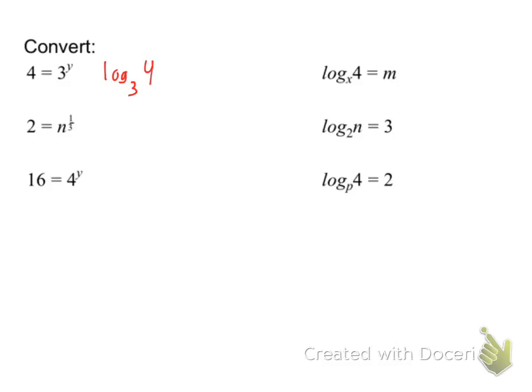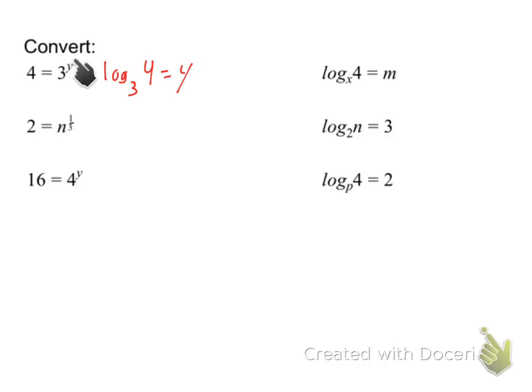So log base 3 of 4 is equal to the exponent y. Log base 3 of 4 is equal to y. It's a little different way of thinking. Log base 3, because the base of the exponent is 3, of 4 is equal to the exponent y.